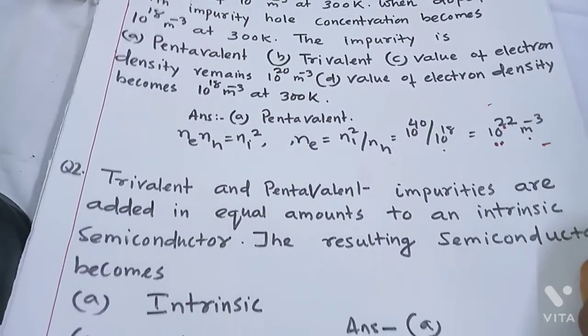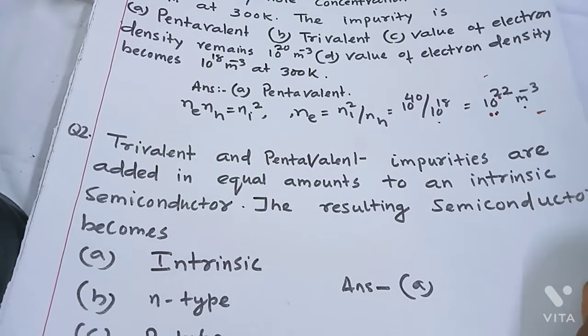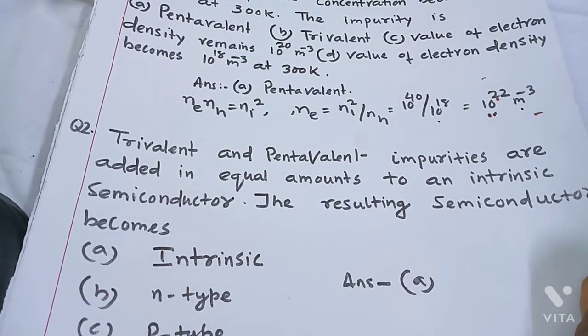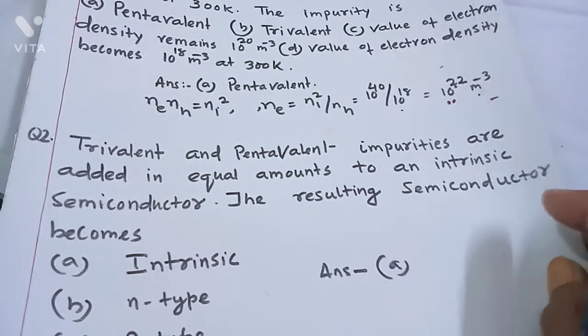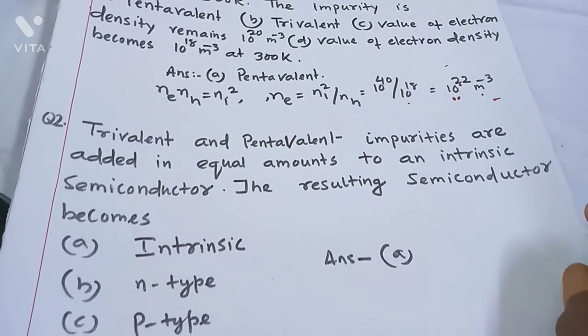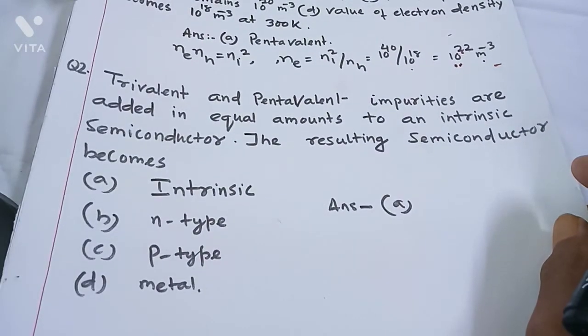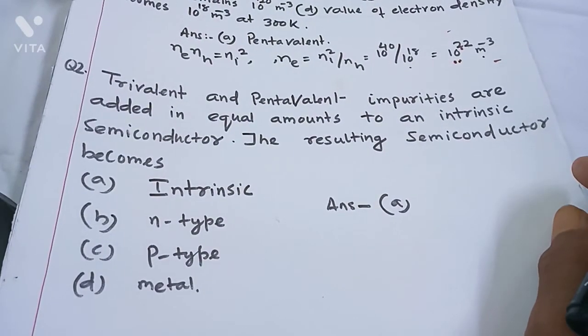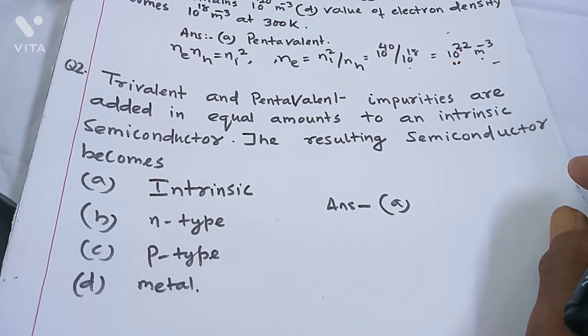Second question: trivalent and pentavalent impurities are added in equal amounts to an intrinsic semiconductor. The resulting semiconductor becomes intrinsic, N-type, P-type, or metal.